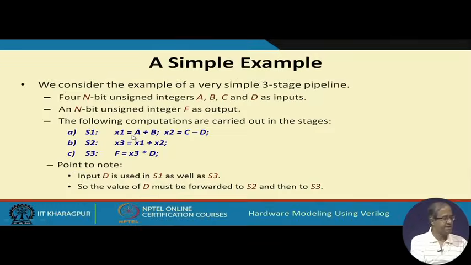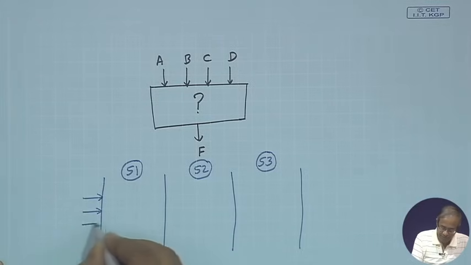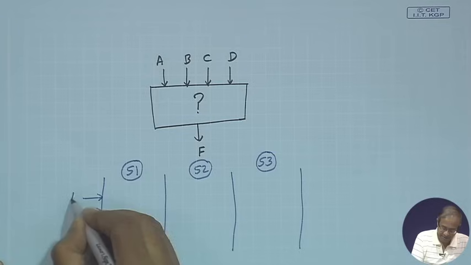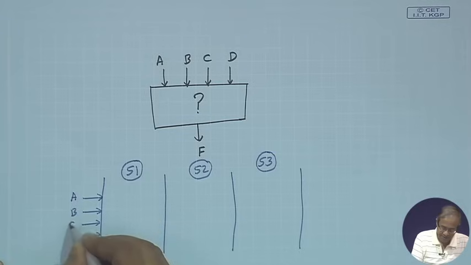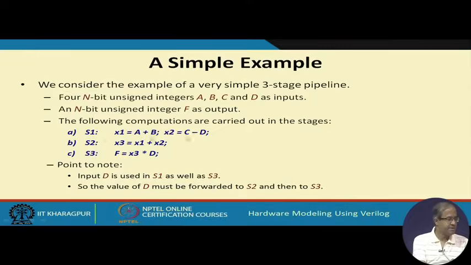In the first stage, A, B, C and D are the inputs that are coming from outside. So, when you are starting computation in the first stage, you must have the 4 inputs A, B, C and D. Then you see, the first stage is computing the temporary values x1, x2 which will be forwarded all right to the next stage.